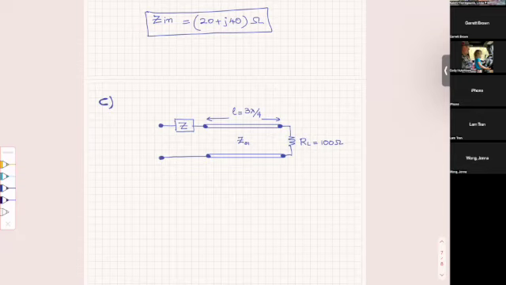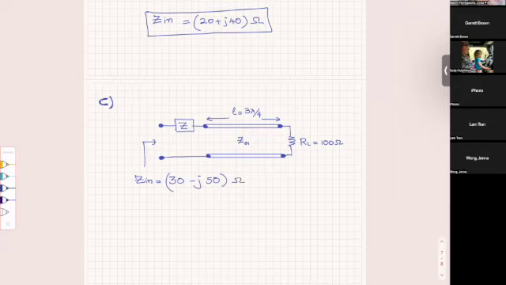And then I'm asking you to find, so here I want to have Z input to be 30 minus j50 ohms. That's what I want.